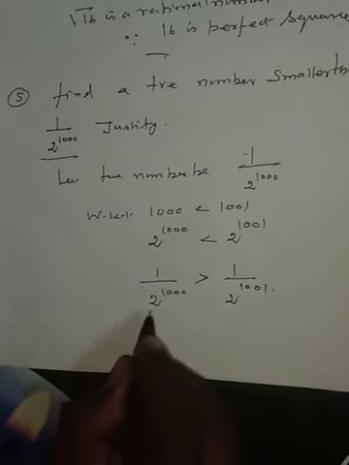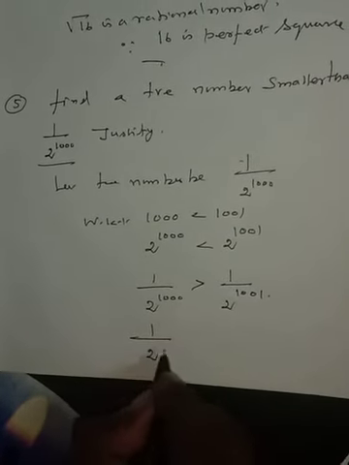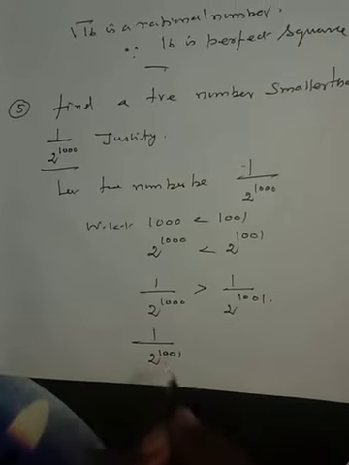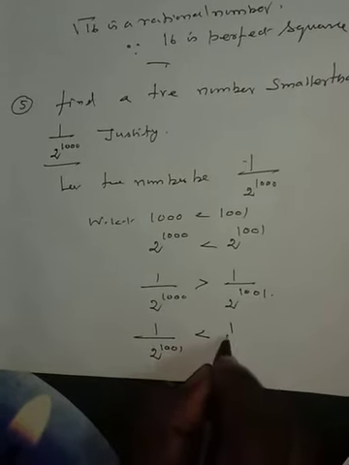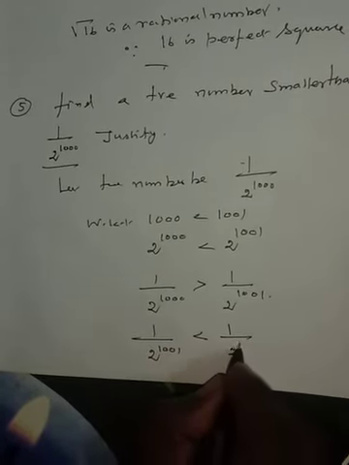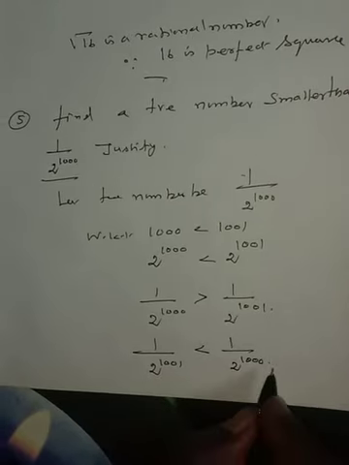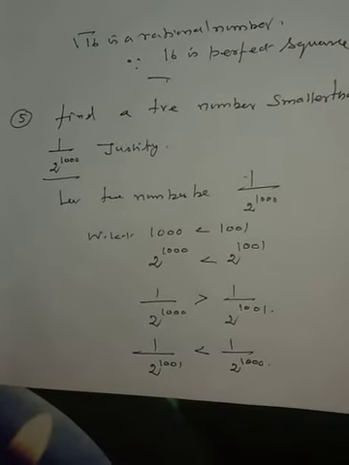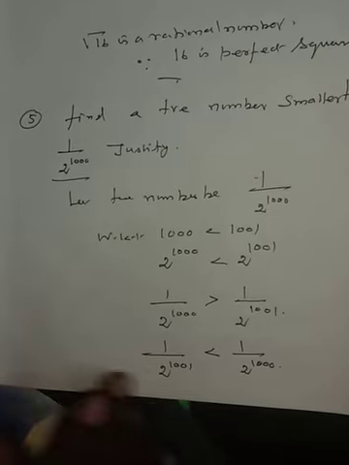This can be written as 1 by 2 to the power of 1001 is less than 1 by 2 to the power of 1000, a positive number.